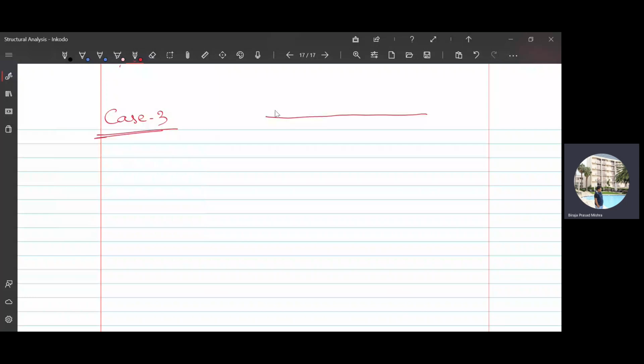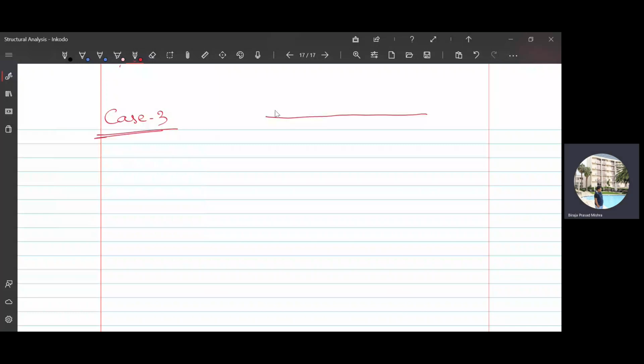So the fixed end moments MA and MB are going to be equal. So here I can write fixed BMD.